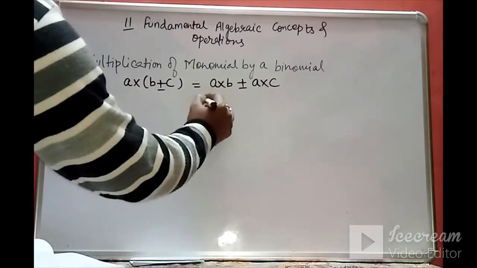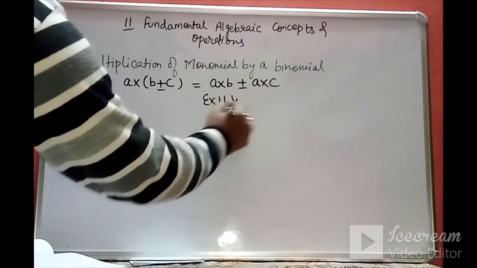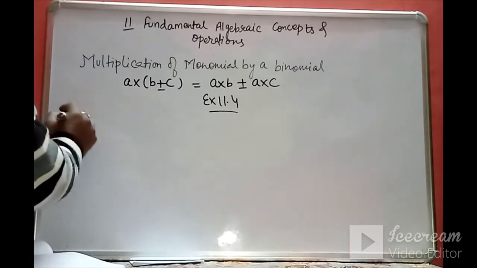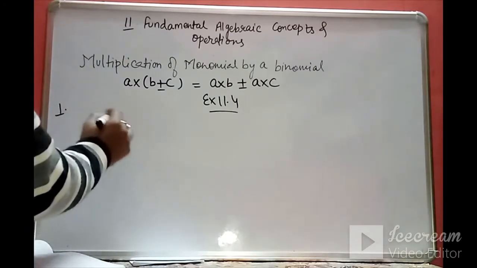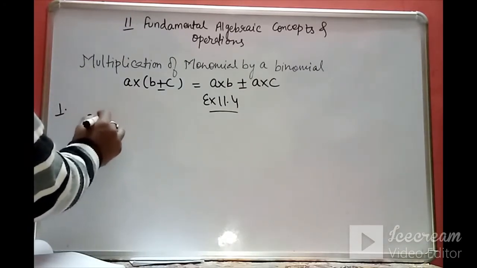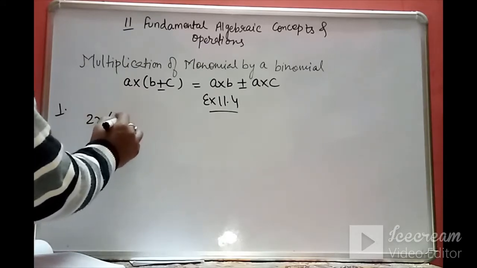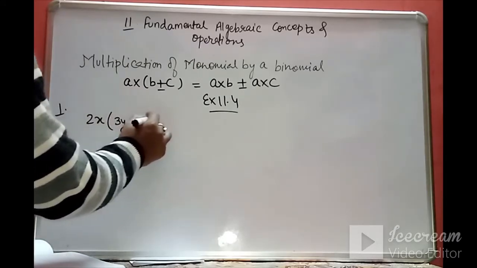So suppose I have a question: we have to find the product of 2x into (3y plus 5z).